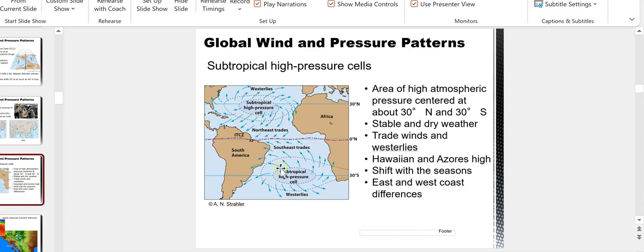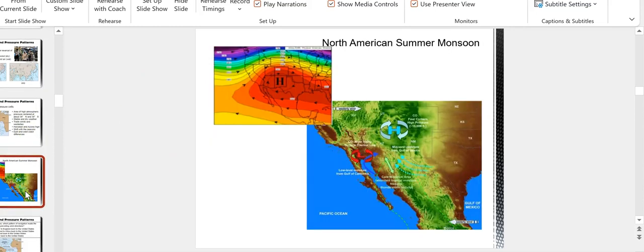There are also subtropical high pressure centers located on either side: here in front of the Atacama Desert, and we have one over here in front of our North American deserts, signified by the high pressure center sitting over New Mexico, Colorado, Utah, Arizona, parts of California, and Texas. Here you will see the high pressure center here, the low pressure center here. Winds will move from this high pressure center to this low pressure center.